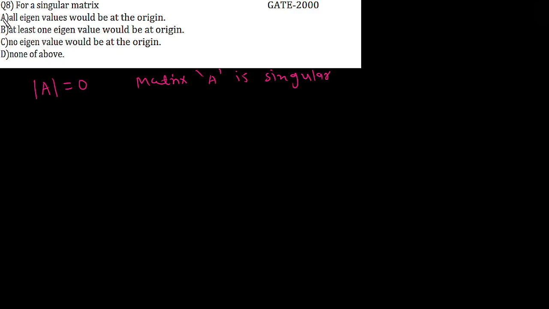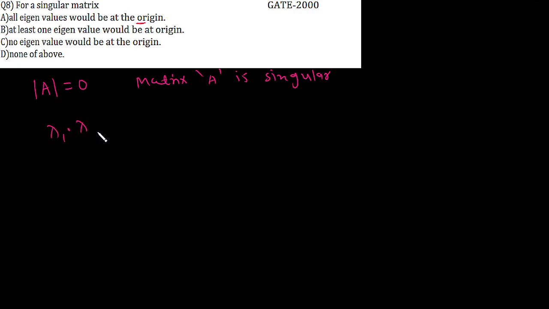Let's first check option A. They are saying all eigenvalues would be at the origin, that is, all eigenvalues have the value 0. Now use the other property of eigenvalues, which is the multiplication of them.